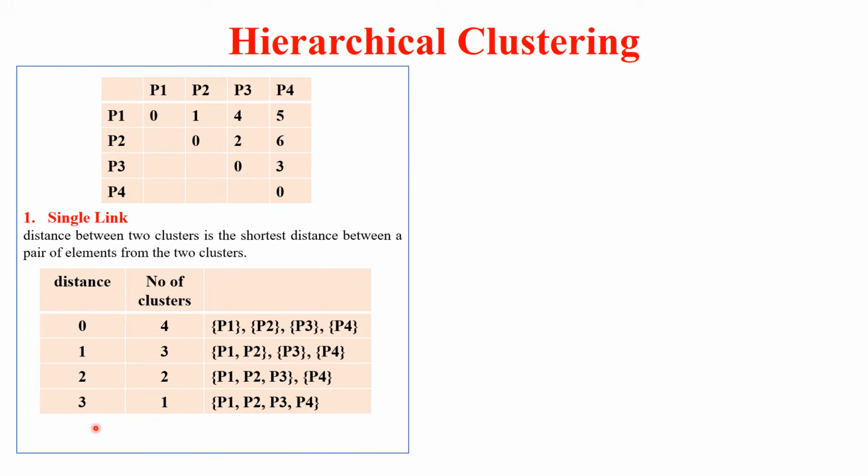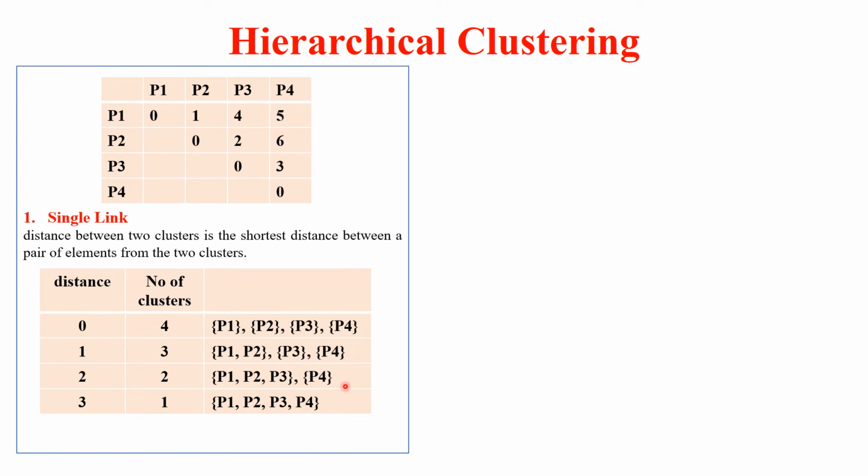When the distance is 3, looking at the distance matrix, we can find P3 and P4 are at a distance 3. So this P4 can be merged with this group. Now all the points will form a single cluster P1, P2, P3, P4. So when the distance measured is 3, all the 4 clusters are merged into a single cluster.